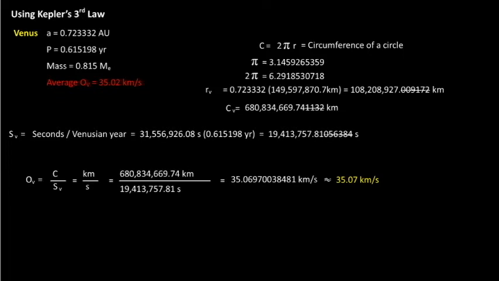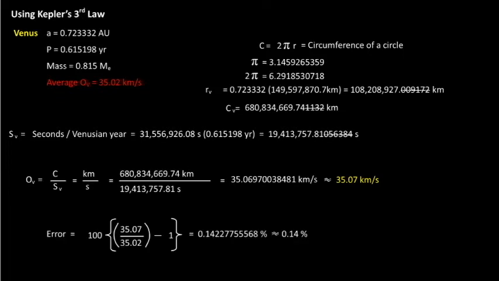There are the raw numbers, and I got basically 35.07 kilometers per second as the orbital velocity of Venus. Now, NASA gives it as 35.02. So here is the error calculation from my number in yellow to NASA's in red, and I'm off by 0.14%.